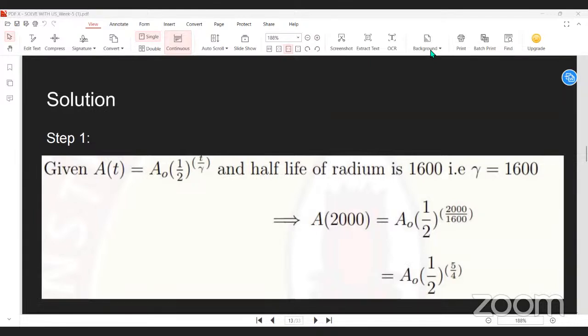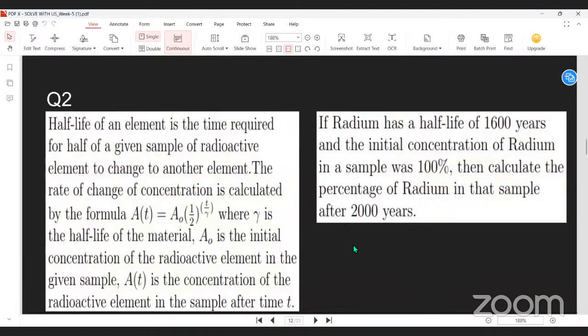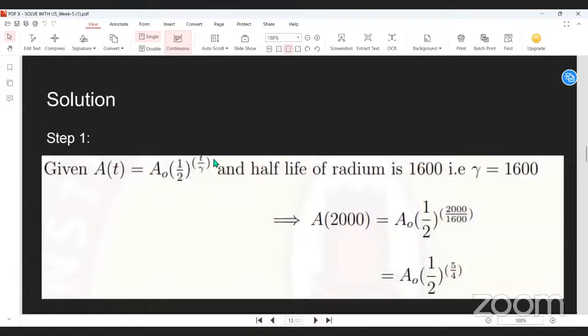Half-life is 1600, so gamma is 1600. The question is asking about 2000 years, right? So t equals 2000. So A of 2000 equals A naught into half to the power 2000 by 1600, right?